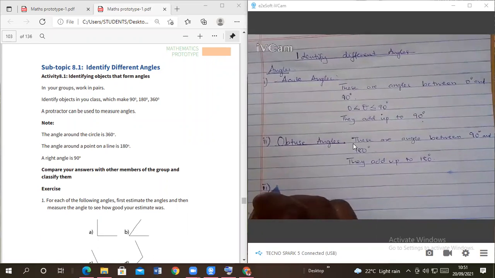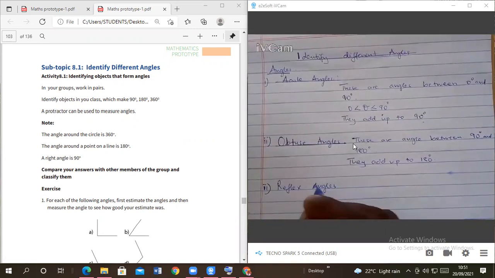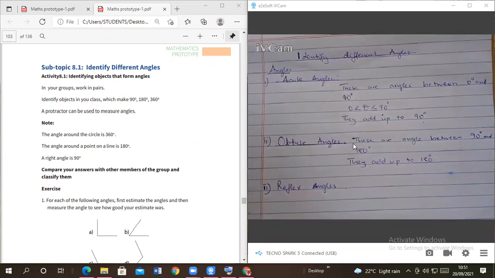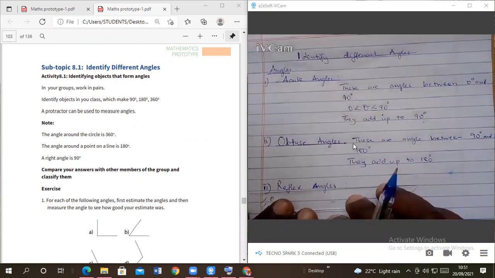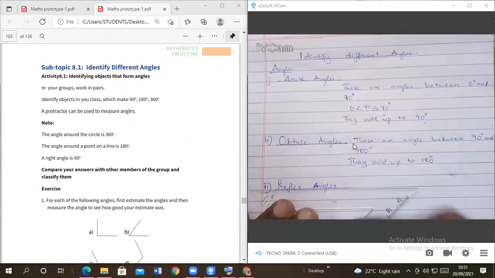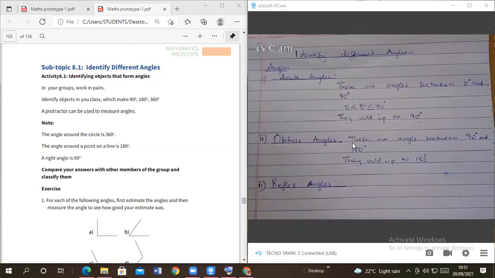Do you know the angles that we call reflex? Do you remember? Reflex angles, what are reflex angles? Pav, you tell us.